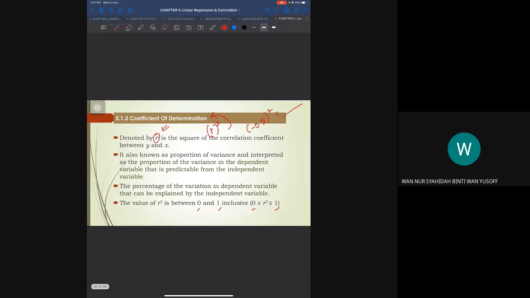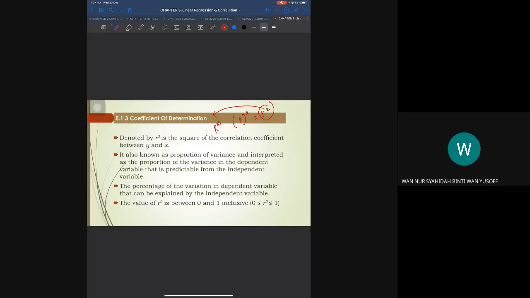Coefficient of determination. The coefficient of determination comes from the R, because when you have the R, you just square the value, then you will get R square. So the notation for the coefficient of determination is r square if it is sample data, and capital R square if it is a population.